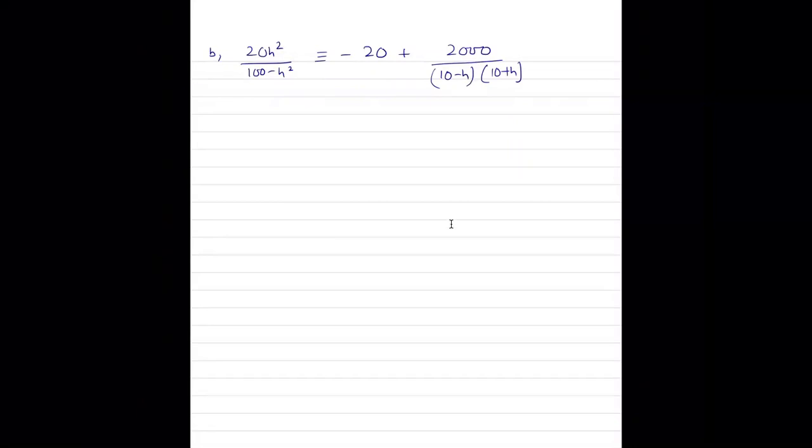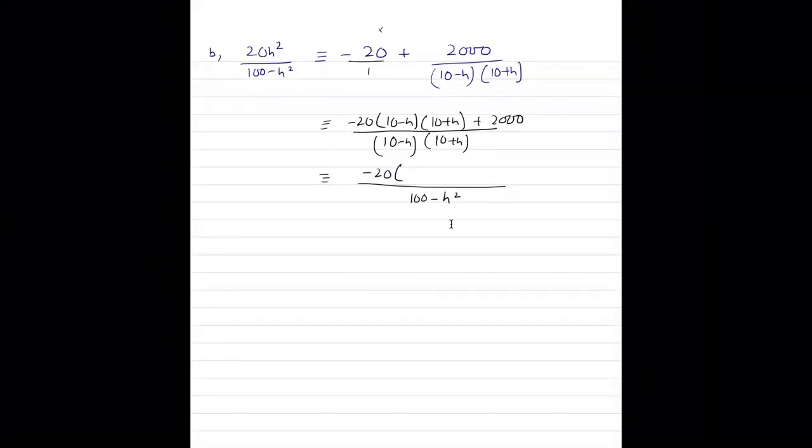So you have to justify the given identity. You can use the right hand side. This is going to be multiplied by minus 20, multiplied by 10 minus H times 10 plus H, plus 2000. 10 minus H times 10 plus H is 10 square minus H square, which is 100 minus H square.